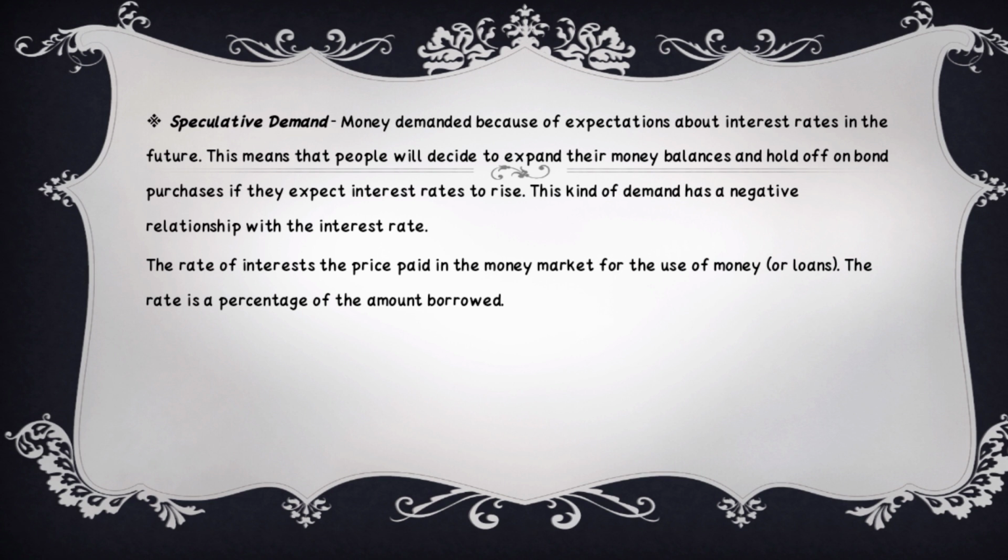This kind of demand has a negative relationship with the interest rate. The rate of interest is the price paid in the money market for the use of money or loans. The rate is a percentage of the amount borrowed.